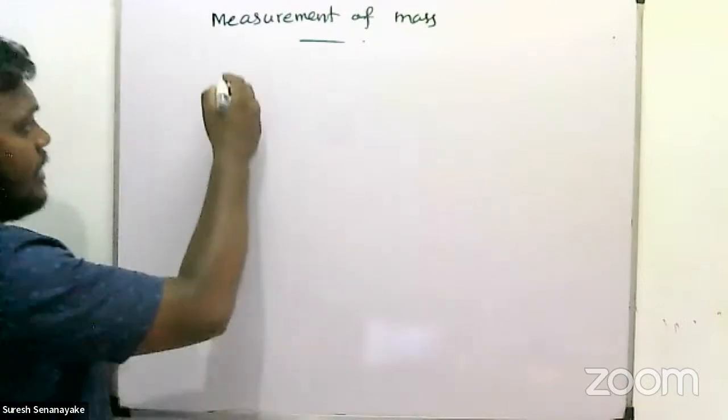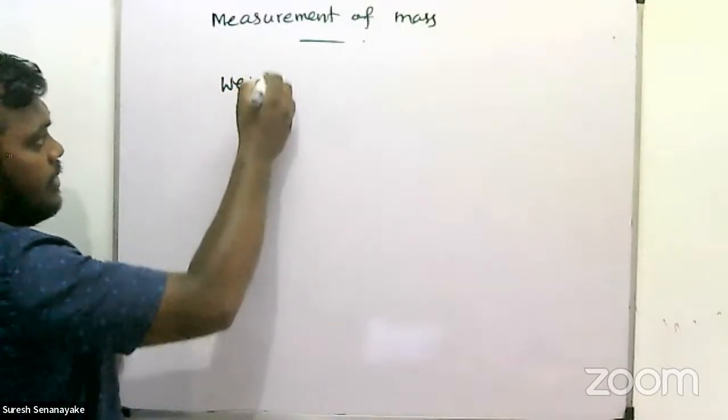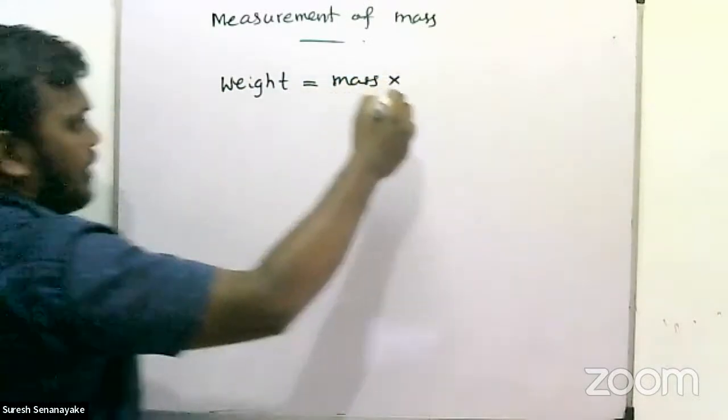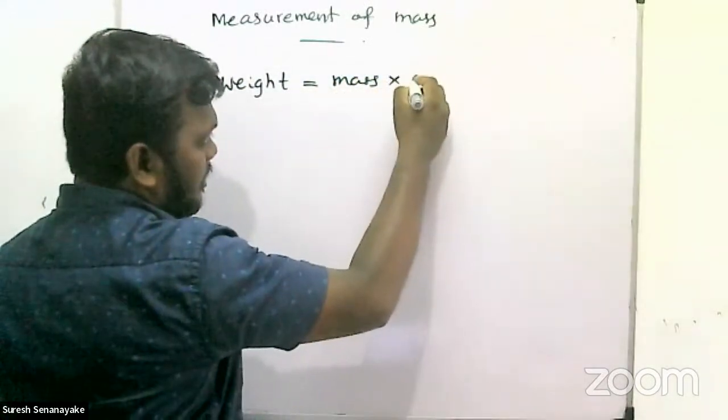So simply we can say that the weight equals the mass of the object multiplied by the acceleration of gravity.